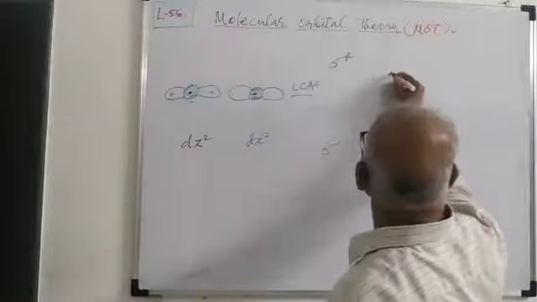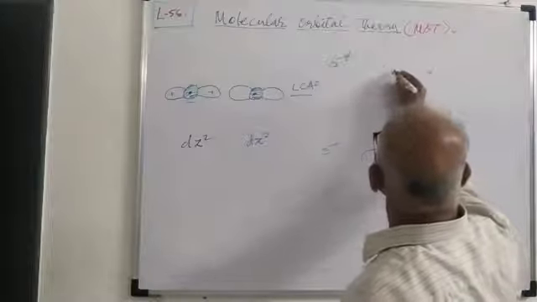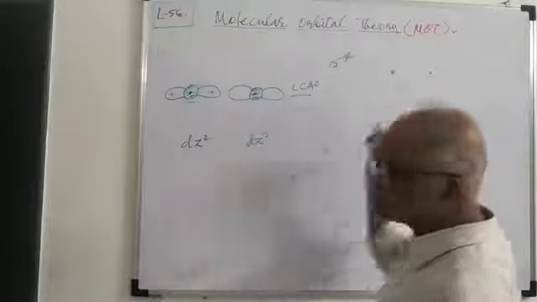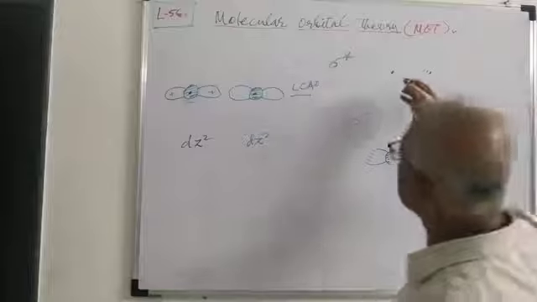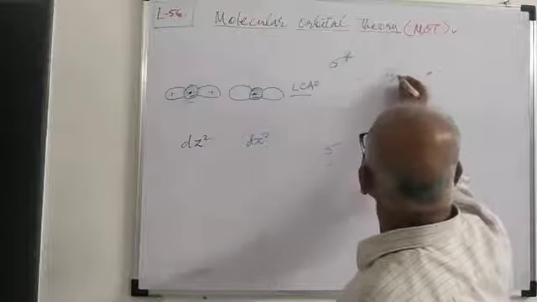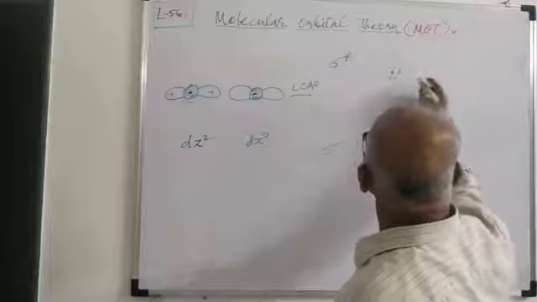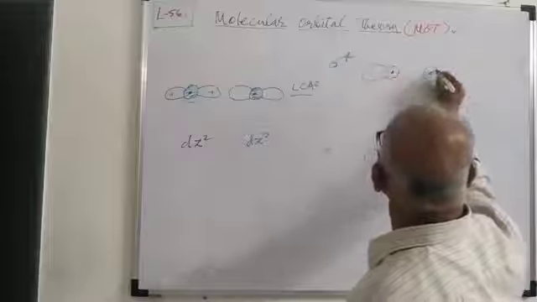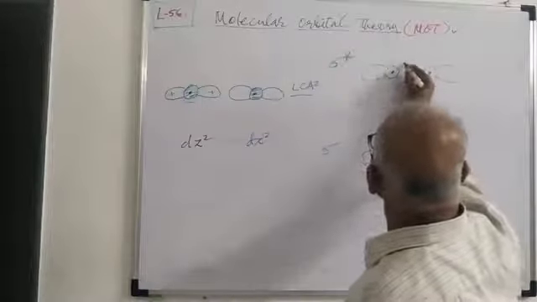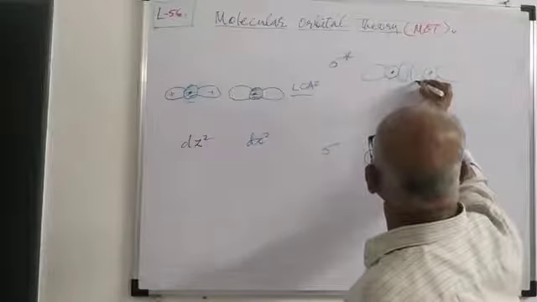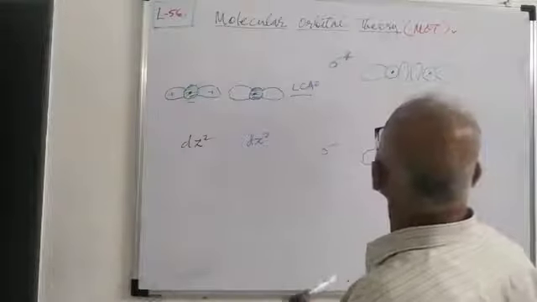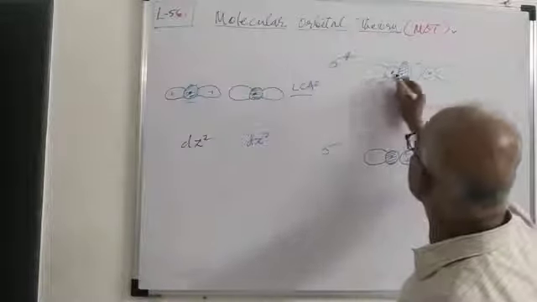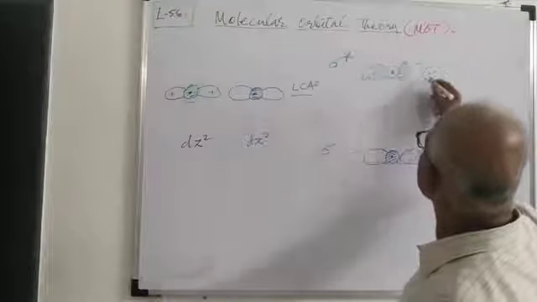Now the antibonding molecular orbital is shown like this. So when the signs of wave function, say this has plus, this has minus, when the two atomic orbitals are of different nature, it is shown like this here. So these are having one type of sign of wave function, and these are having this type of sign of wave function.